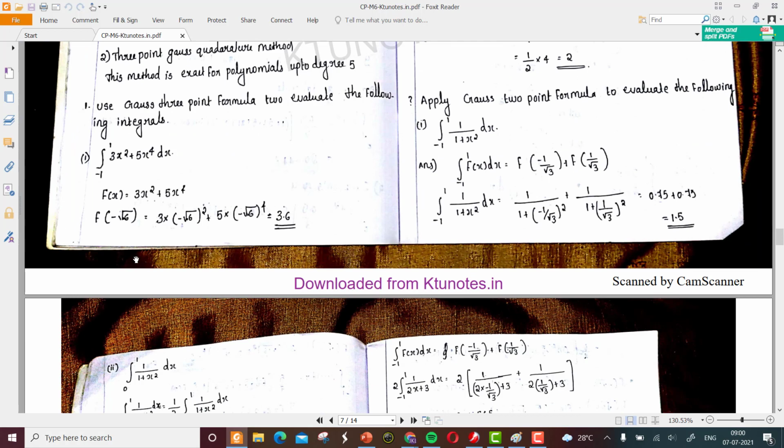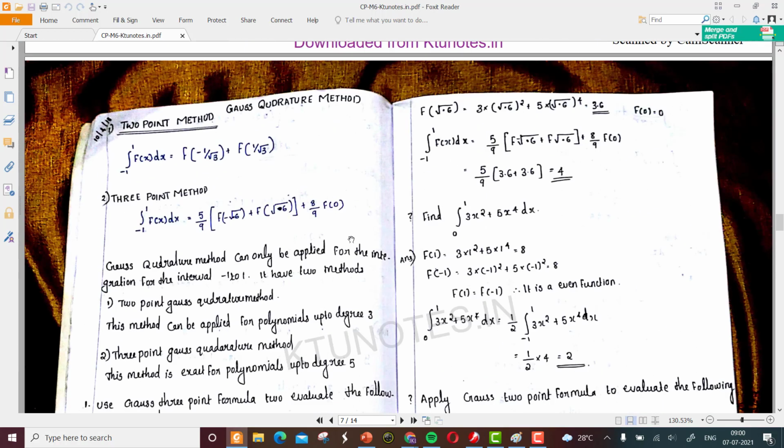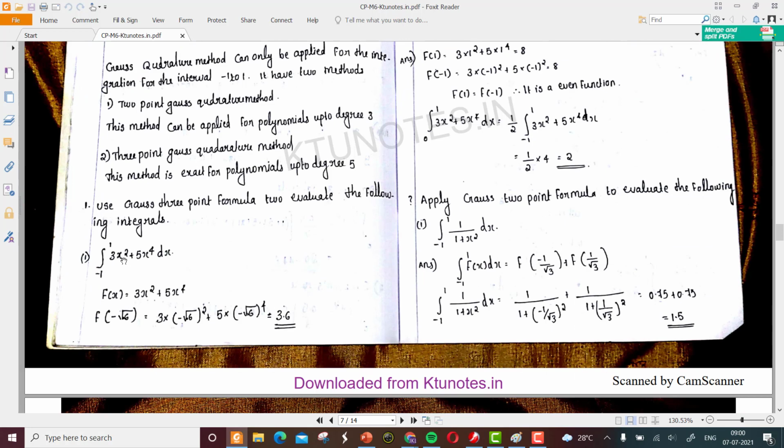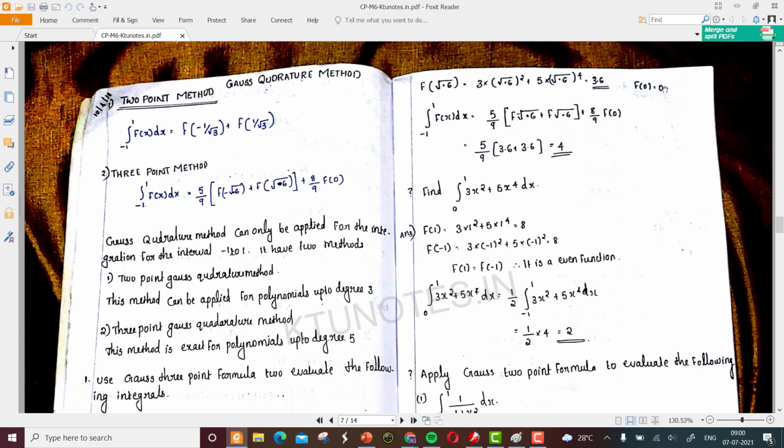So calculating the required things, f of minus root 0.6, the value is 3.6, and f of root 0.6, the value is 3.6, and also f of 0 will give you, because s is in all the terms, so it will be 0. F of 0 is 0. So substituting the values, 5 by 9 into bracket 3.6 plus 3.6 plus 8 by 9 into 0 will give you value 4. So it's clearly the application of the equations.